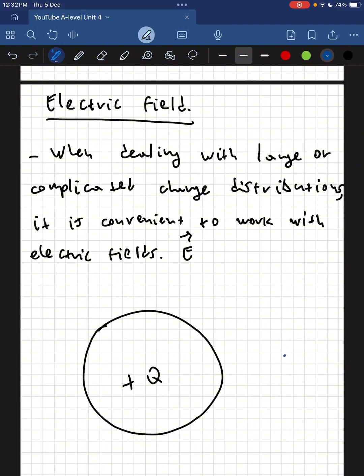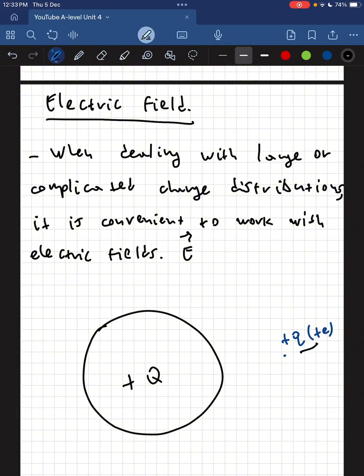And let's say that we have a proton, plus q, which has a charge of plus e. And this proton is in the vicinity of the large metallic sphere, which is charged. So what's gonna happen?